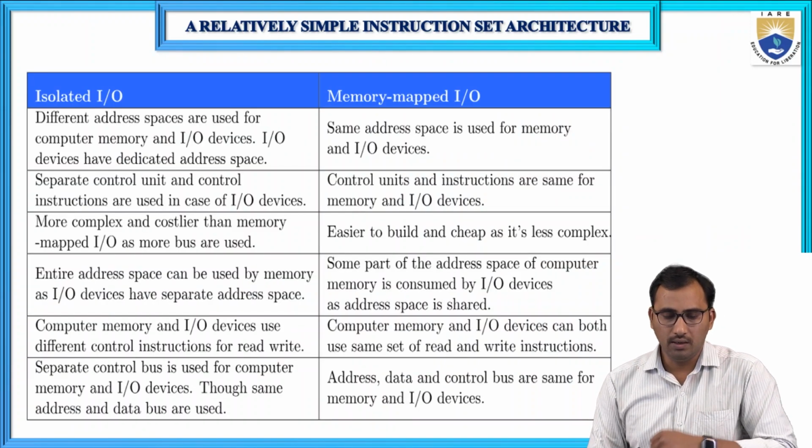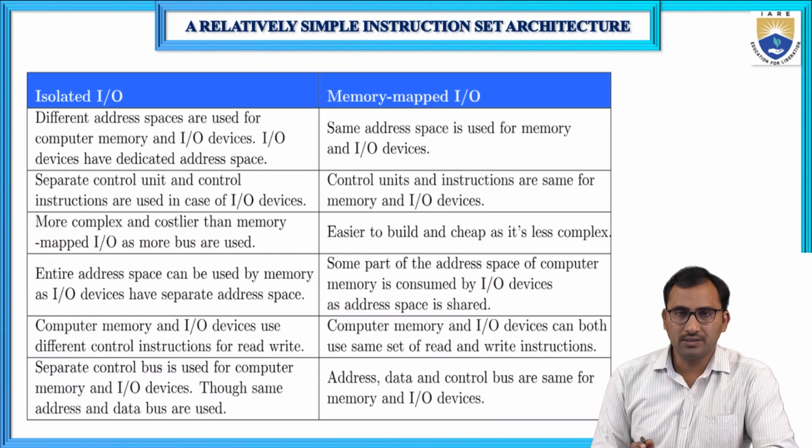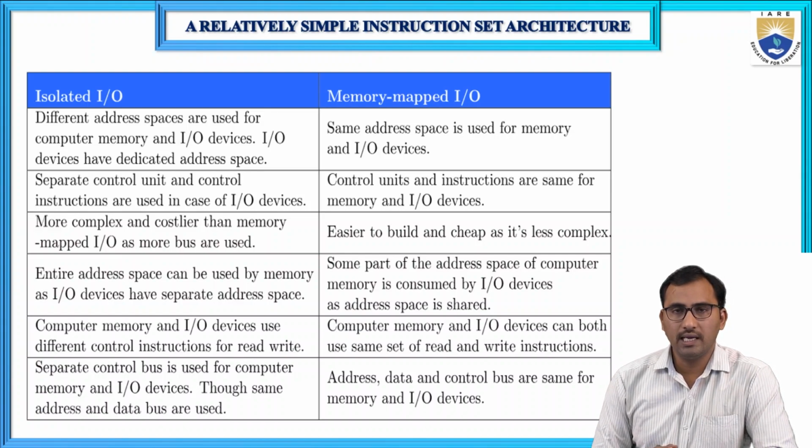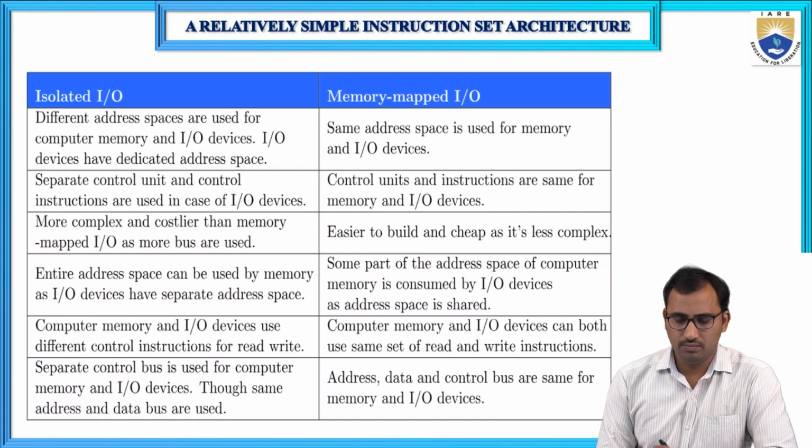Coming to the comparison between isolated I/O and memory mapped I/O. In isolated I/O, different address spaces are used for computer memory and I/O devices, as we have already seen. We are using separate address spaces for both the memory as well as the I/O devices. That's why it is called isolated I/O, and I/O devices have a dedicated address space.